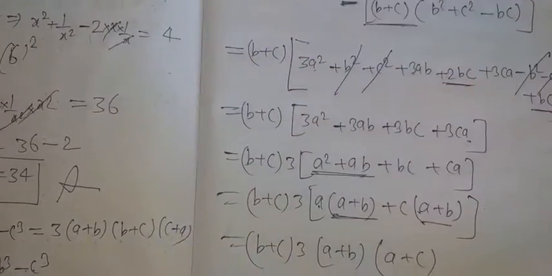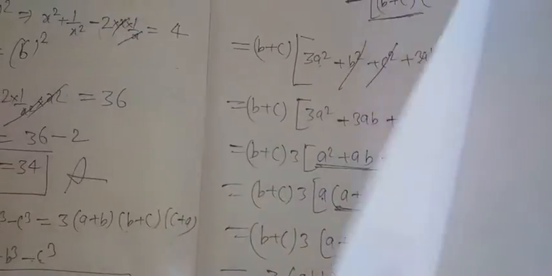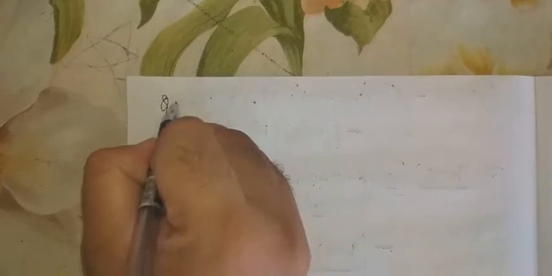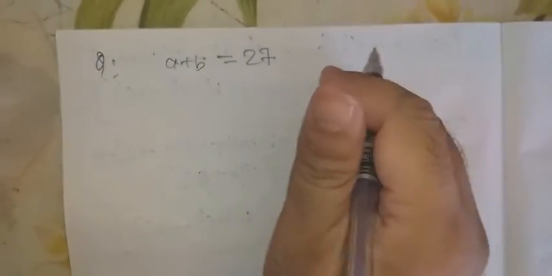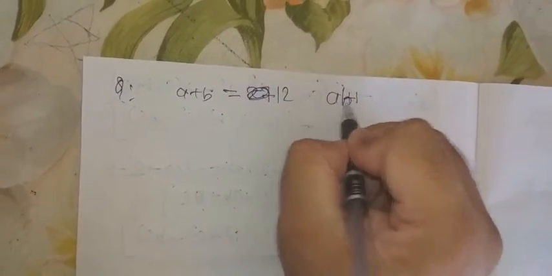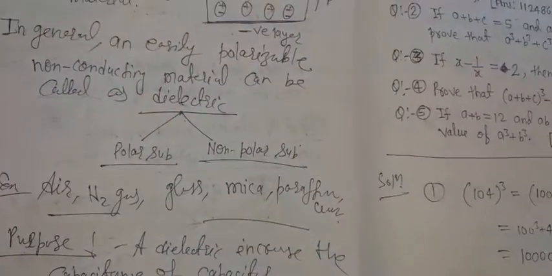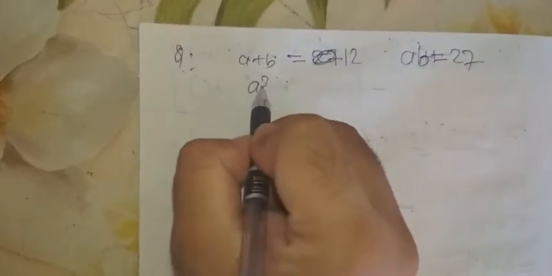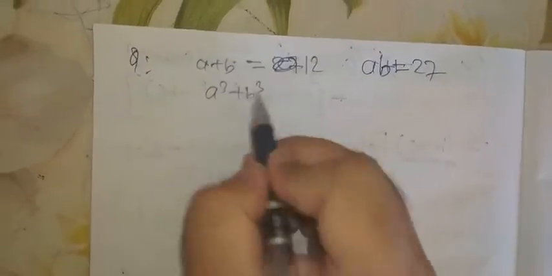First of all I am going to write the question once again. The question is that a plus b equals 12 and ab equals 27. Then you have to find a cube plus b cube.